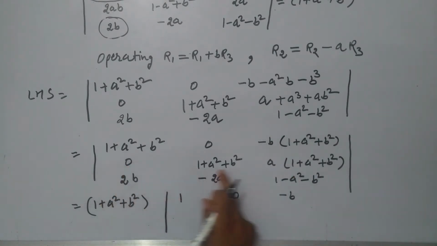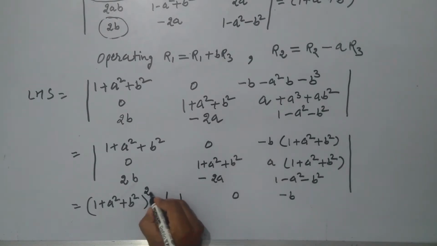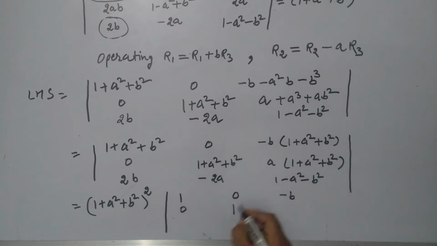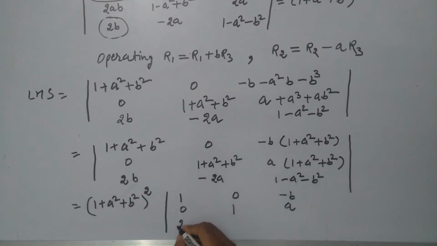In second row also we take 1 plus a square plus b square common. So outside this becomes square. So 0, 1, a. Third row there is no change, that is 2b, minus 2a, 1 minus a square minus b square. This is left.